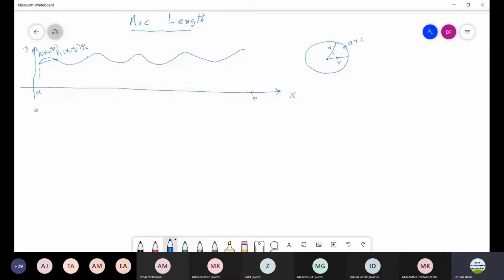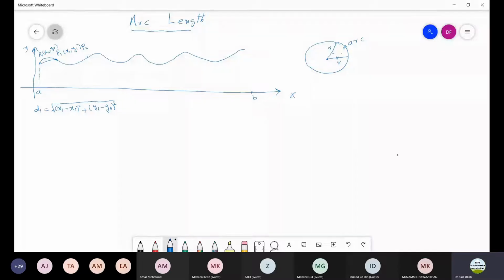Let us say the first distance is d1, which is equal to, we are just using the distance formula, so according to the distance formula, we can write the square root of (x1 minus x naught) square plus (y1 minus y naught) square. That is the distance formula between 2 points.